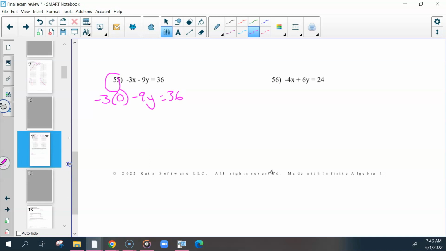And then start to solve from there. So -3 times 0 would just be 0. This would just end up being negative 9y equals 36, and I could divide both sides by negative 9. So that would be the ordered pair. X was 0, y is negative 4, so 0, negative 4.